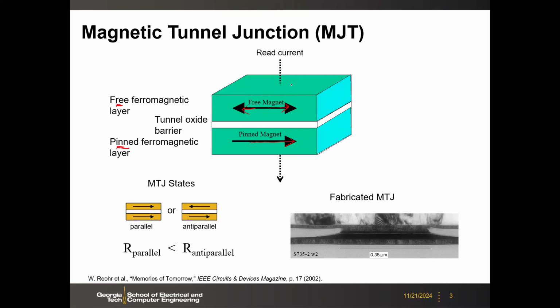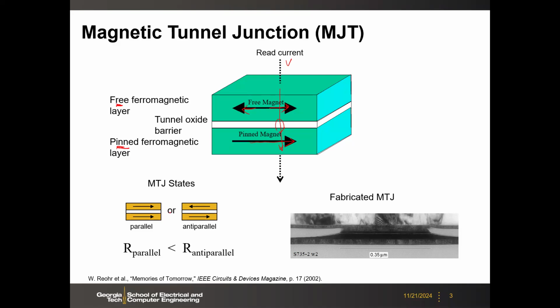And then when we read the cell resistance, we're going to apply a voltage across this stack, and measure the current going through this stack. That depends on this terminal current value.